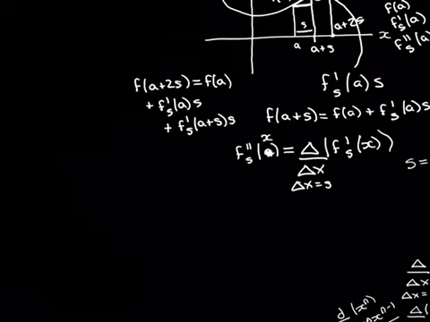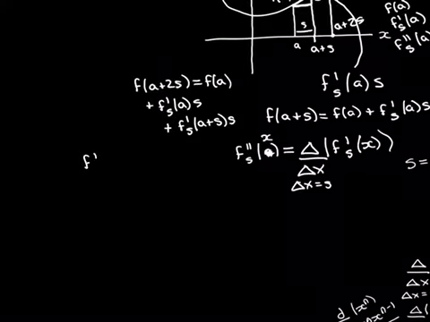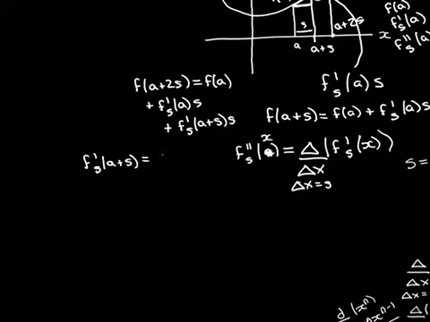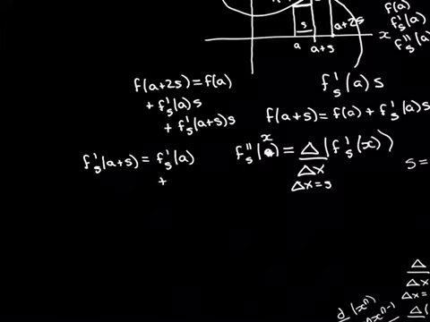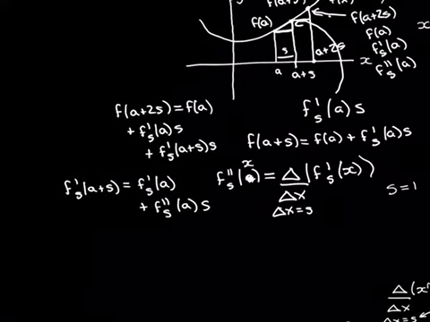So the derivative evaluated at a plus s is just going to be equal to the derivative evaluated at a plus the derivative of the derivative, which is the second derivative evaluated at a, times s. So now what we can do is just plug this into here, and then we have a formula for f evaluated at a plus 2s.